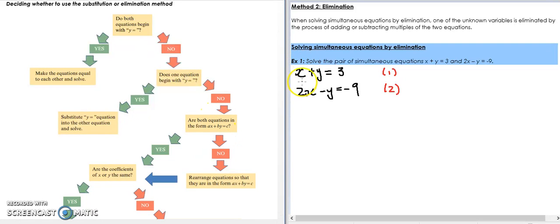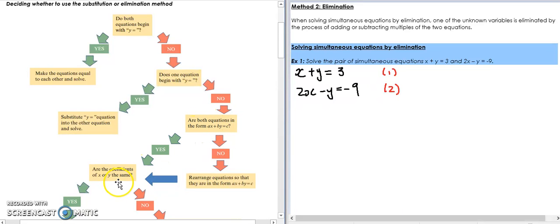Well, yes. In this case, there is an invisible 1 in front of the variable x, so there's 1x plus 1y is equal to 3. And then the second one is 2x minus y, so there's a minus 1 in front of the y, is equal to negative 9. So with this set condition, we can answer yes.